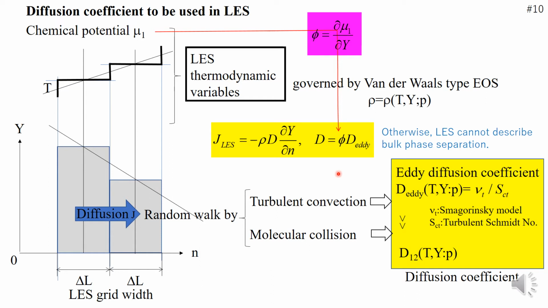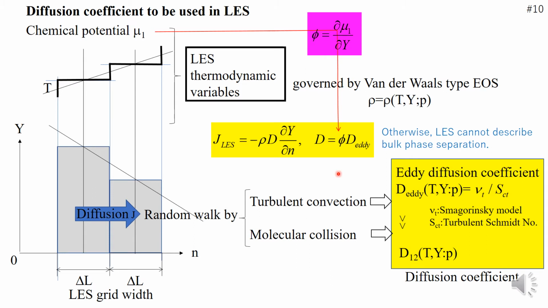Therefore, application of the equation of state to each point in the flow field solved by LES means that each fluid particle described by LES must be in a locally thermodynamic equilibrium state. In other words, as far as the van der Waals type equation of state is applied to each fluid particle state description, the arguments made for DNS in the previous slide should also hold for the current LES.